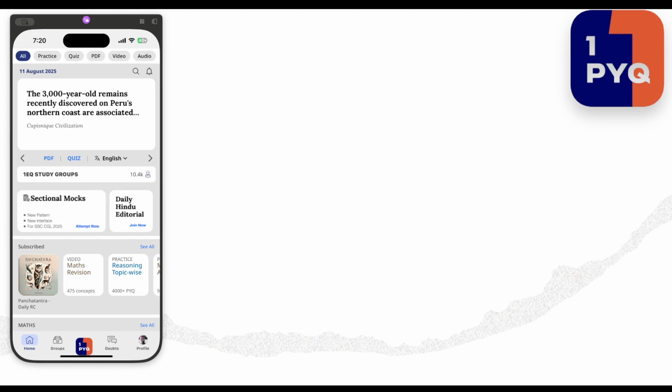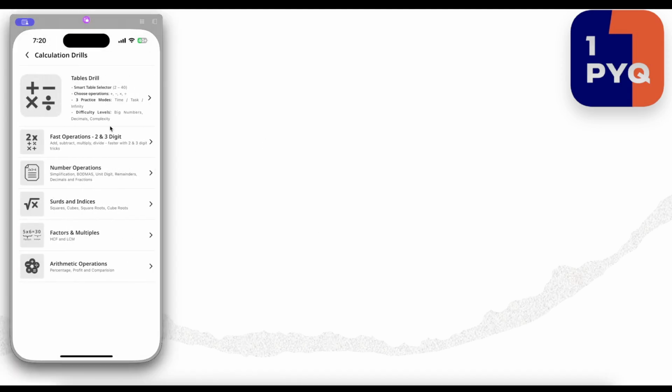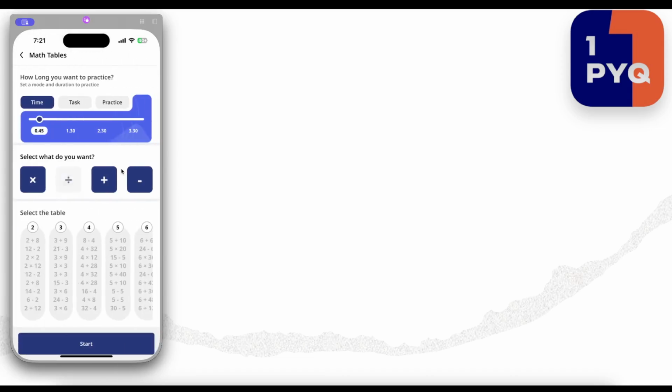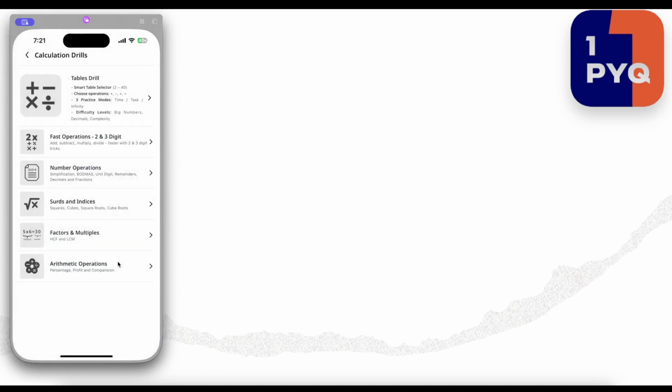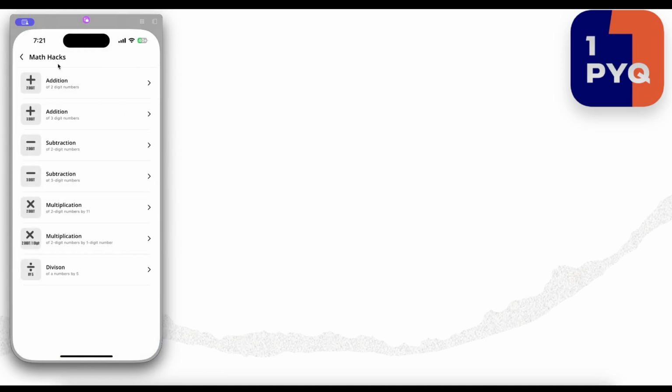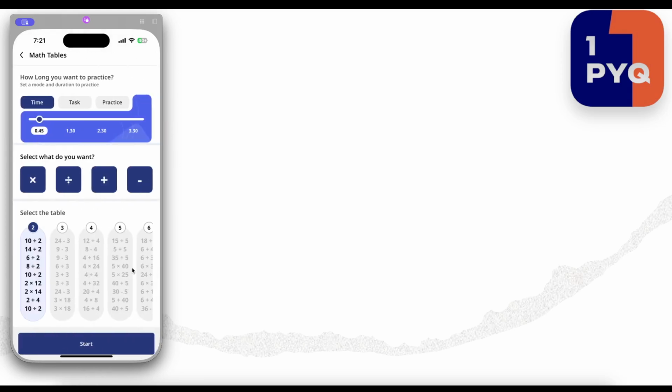Without wasting much time, we'll directly go to the one PYQ app. There we're going to attempt calculation drills, and as we've always done in the past, we'll be doing a few tables, a few fives, a few fours.